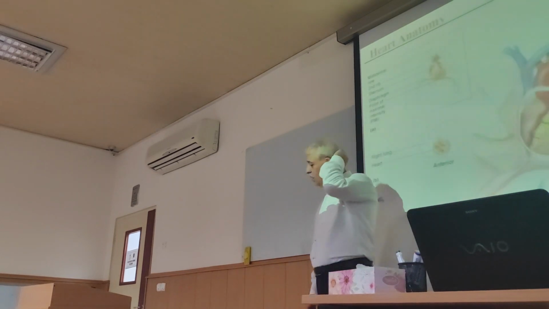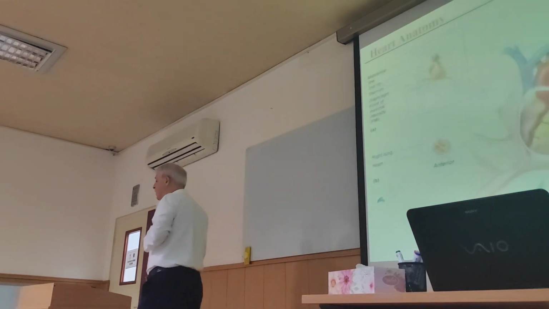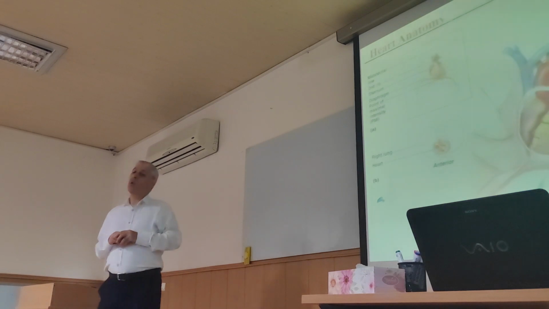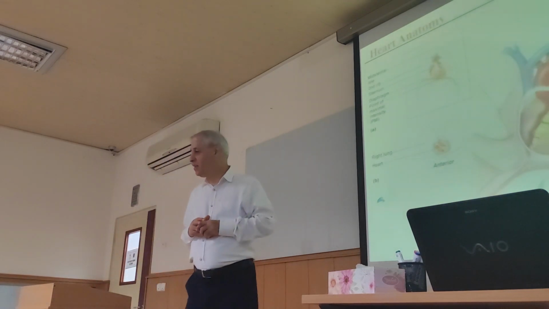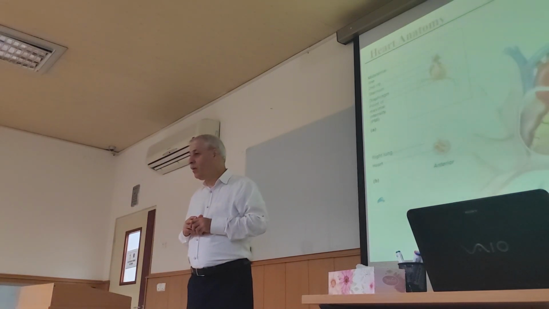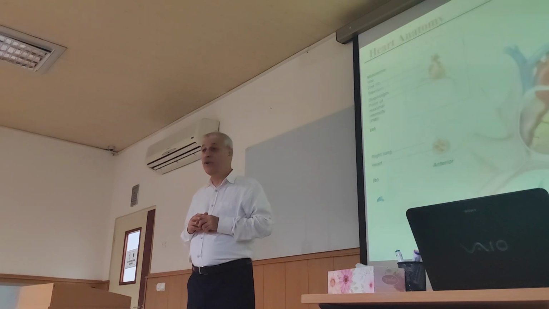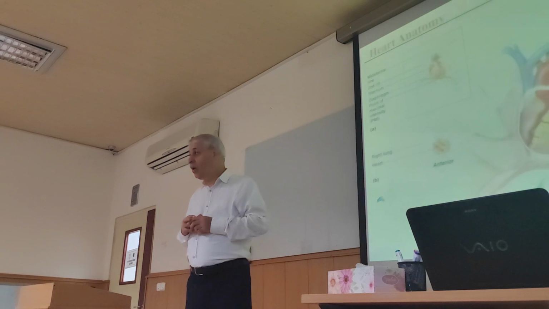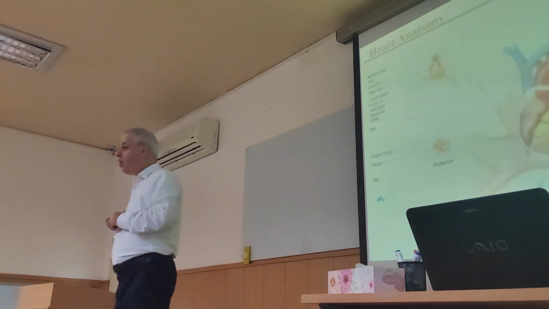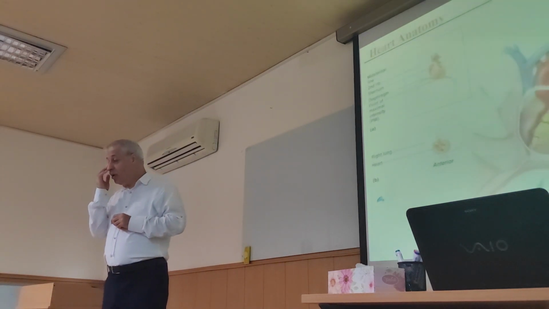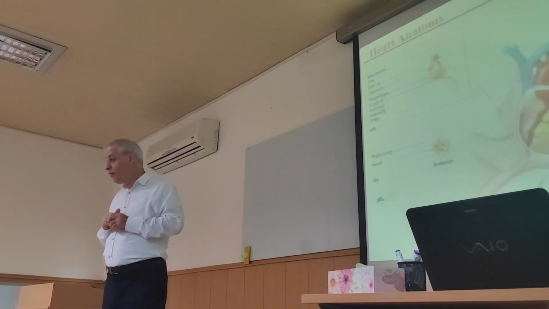When the pericardial space is filled with a high amount of fluid, it is called pericardial tamponade or pericardial effusion. When high amounts of fluid are accumulated in the pericardial space, it is called pericardial effusion or tamponade.